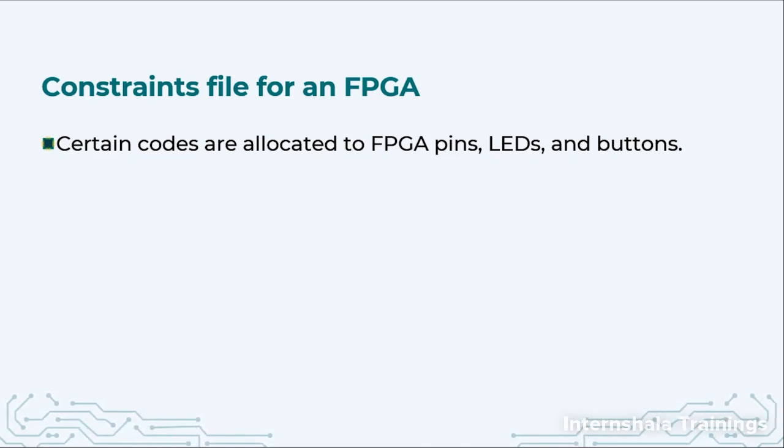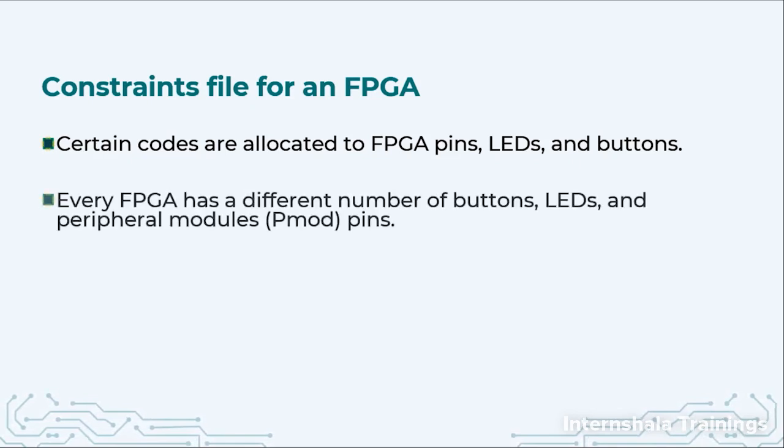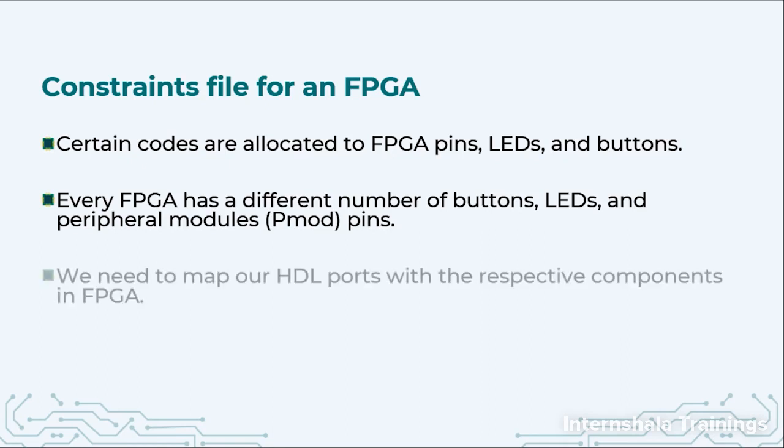That means every component, every port on the FPGA has a unique name or code. Now, these numbers are also given for accessories which are called peripheral modules. We can connect additional components through these Pmod pins. So all of them have these unique codes.